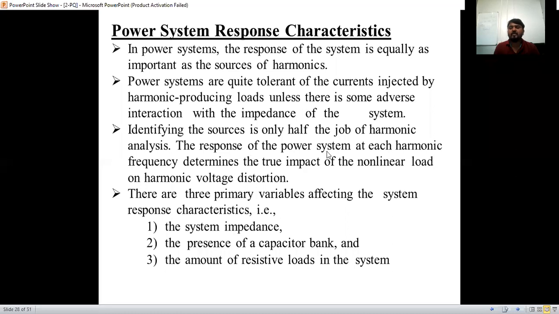Then the response of the power system at each harmonic frequency determines the true impact of nonlinear load on harmonic voltage distortion.